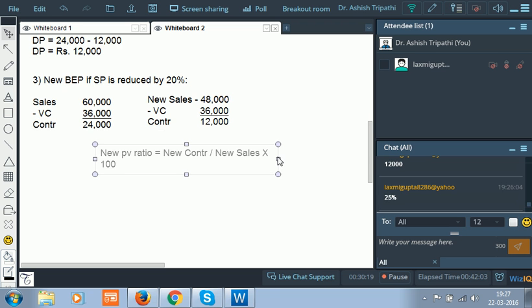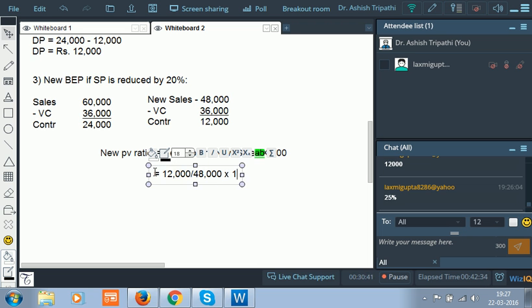You are very much correct. So we can say that it is equal to 12,000 divided by 48,000 into 100. So that comes to 25%. So we got the new PV ratio.